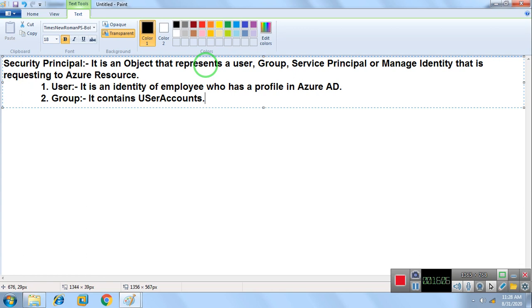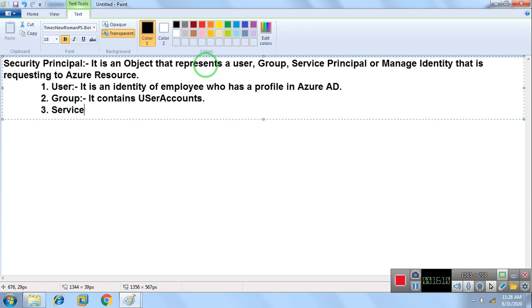Next we have the service principle. What is a service principle?